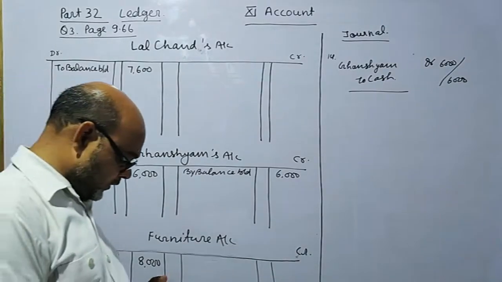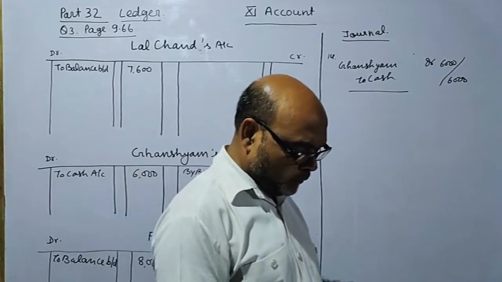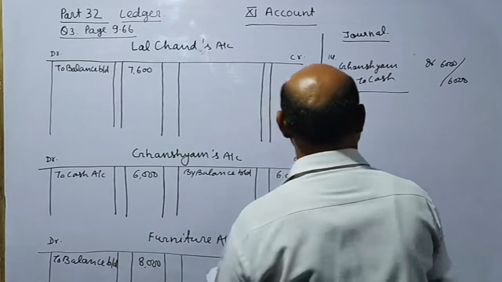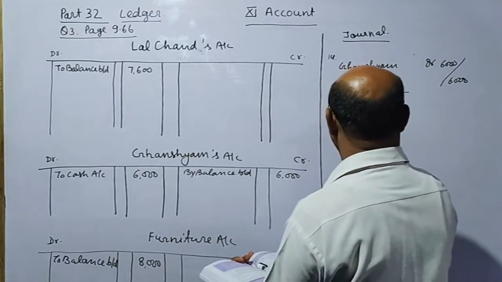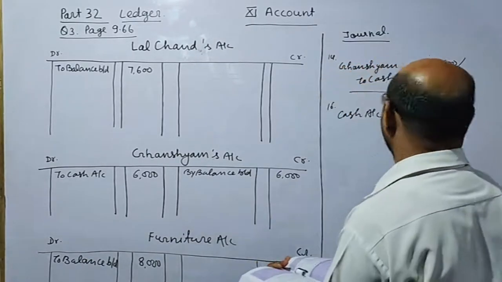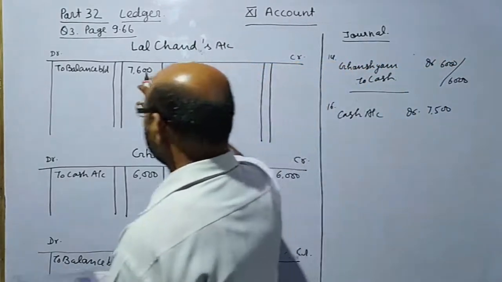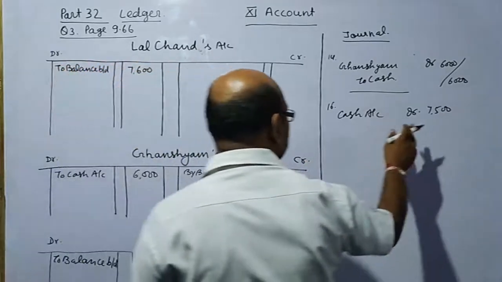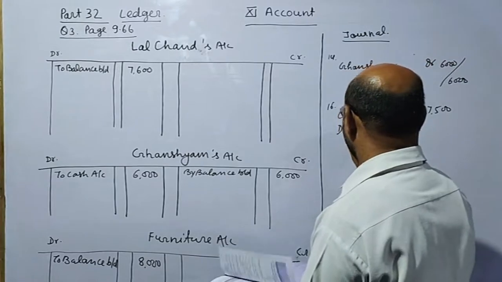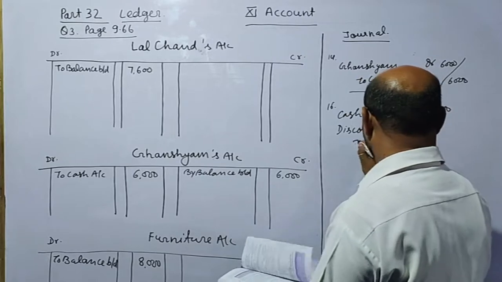Next, received 7,500 from Lal Chand in full settlement of his account. So received from Lal Chand, date 16. So cash account debit, we have received the cash 7,500 and this is the full settlement. Balance of Lal Chand was 7,600, but we have received only 7,500, so 100 rupees is discount. So discount account debit to Lal Chand.